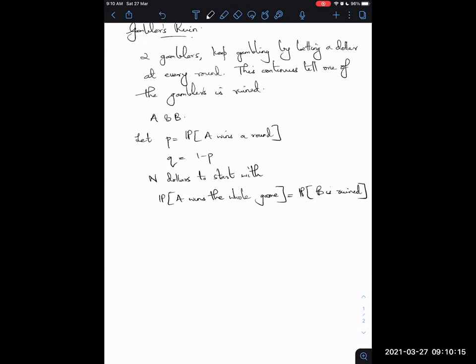Since N is the total, let's assume that A starts with I dollars, and so B starts with N minus I dollars.